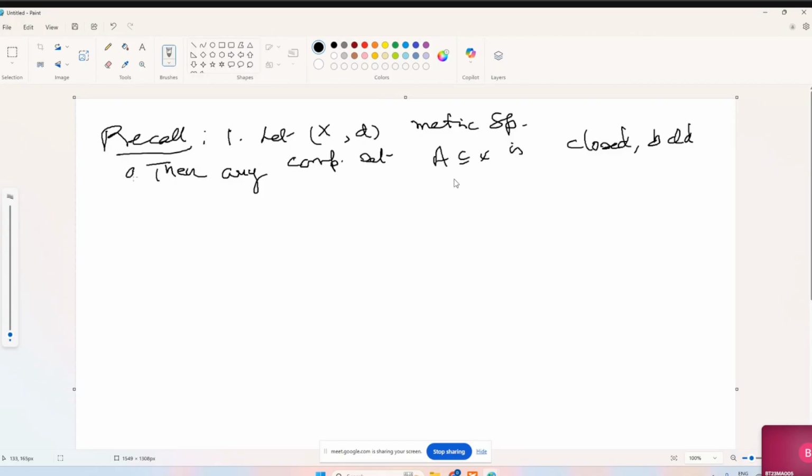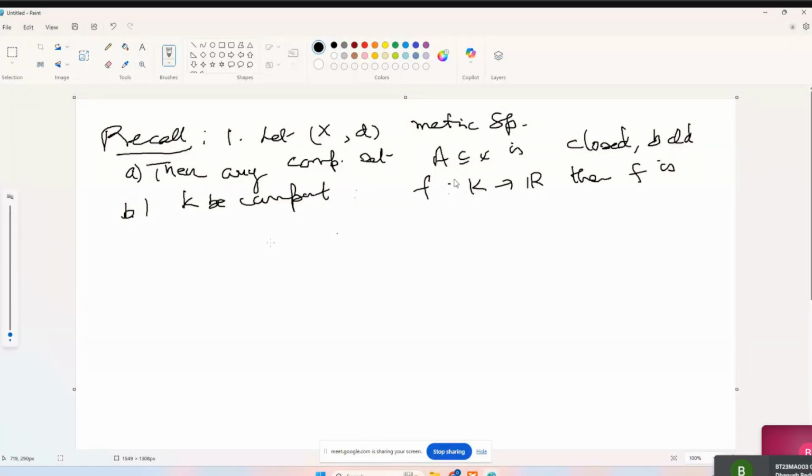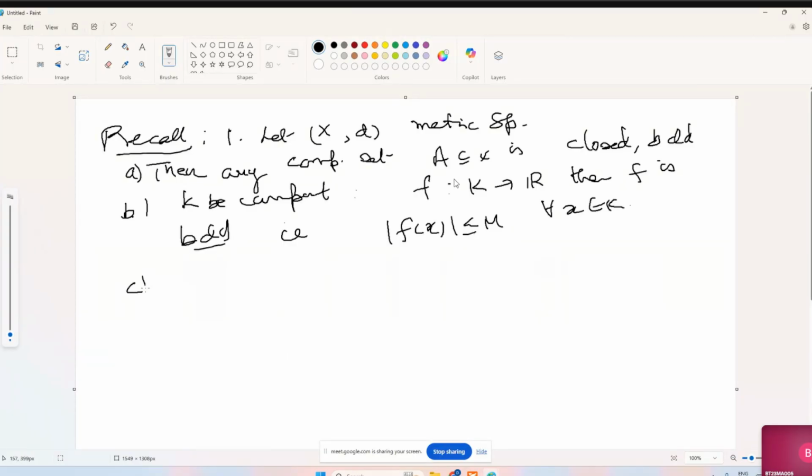Two, if K is compact and f is a map from K to R or C, then f is bounded. That is, |f(x)| is bounded by M for all x in K. This is the second property.